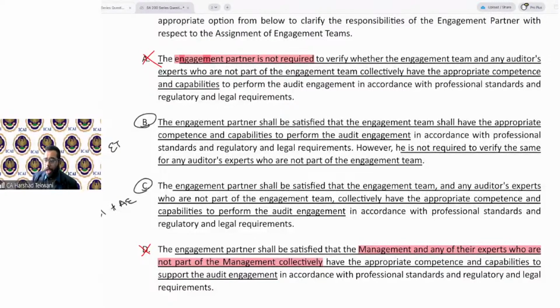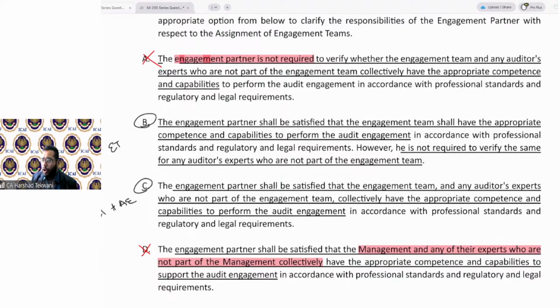If you look to the one more SA there which talks about having the work done by the auditor's expert. Which SA is that? Come on, guys.